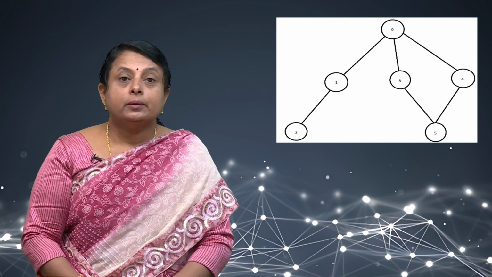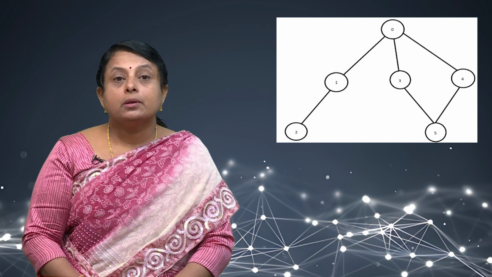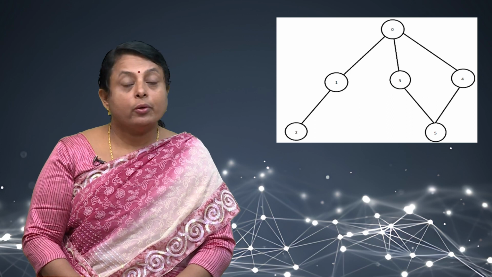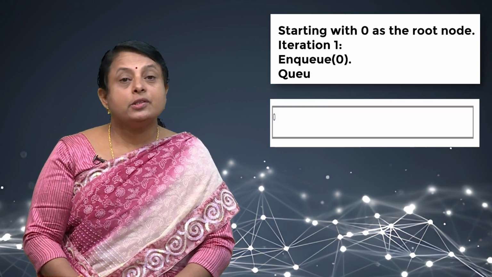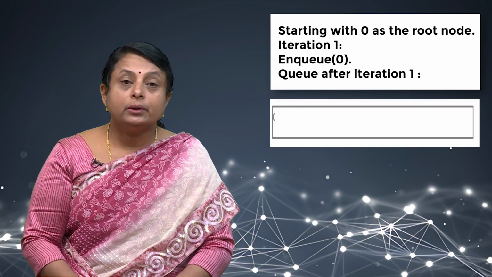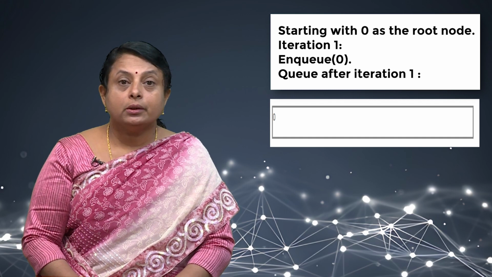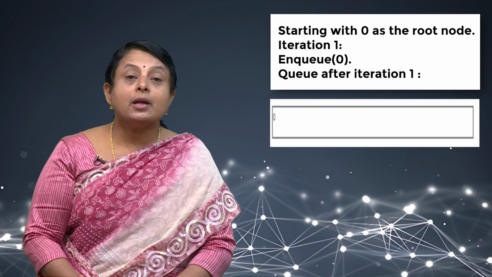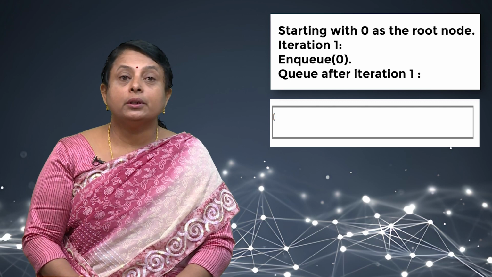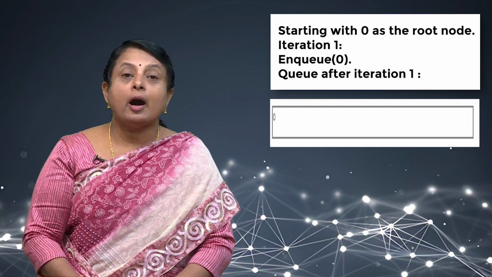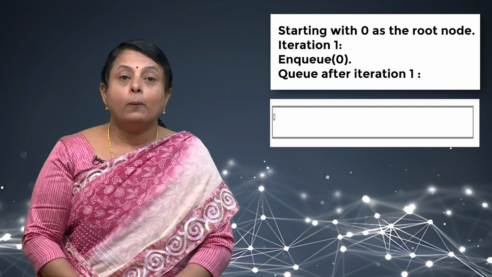In this graph, there are 6 nodes 0, 1, 2, 3, 4 and 5, starting with 0 again as the root node. In the first iteration, enqueue 0, that is add 0 into the queue. So, the queue after iteration 1 will have 1 node, 0.